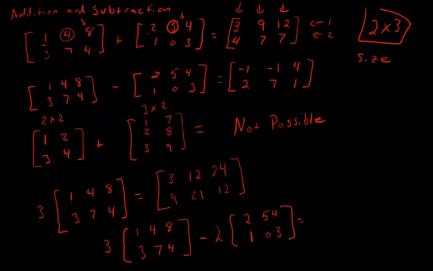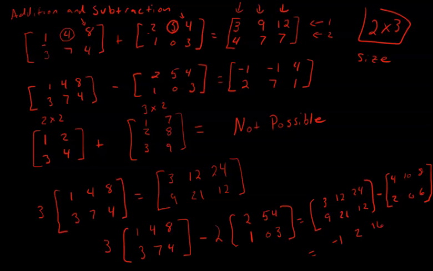So I get the matrix I just was talking about, 3, 12, 24, 9, 21, and 12, minus, we have 2 times 2, which is 4, 10, 8, 2, 0, 6. 3 minus 4 is -1. 12 minus 10 is 2. 24 minus 8 is 16.